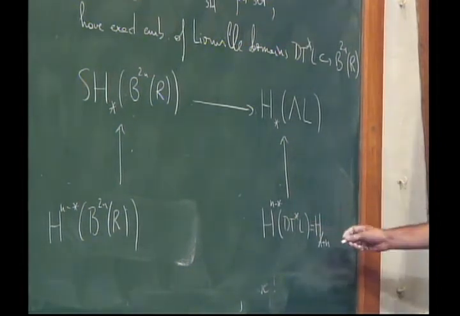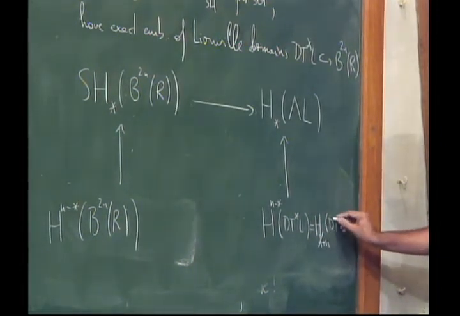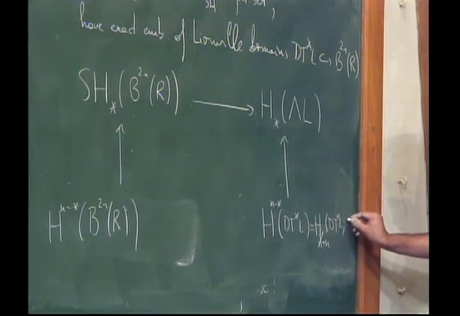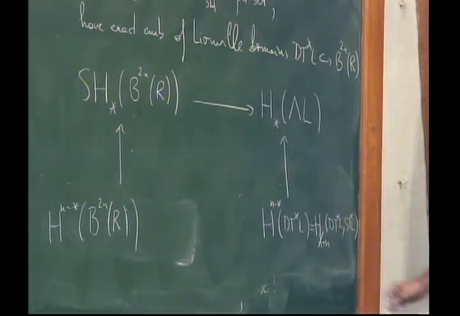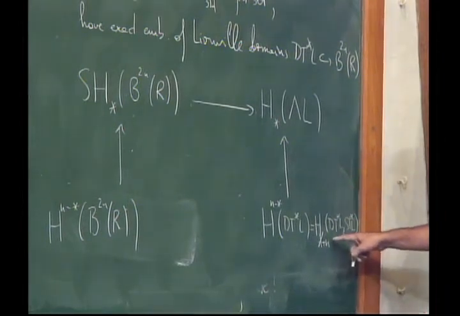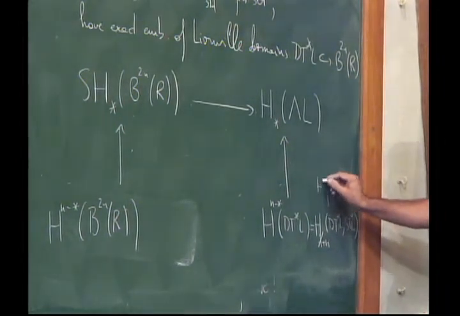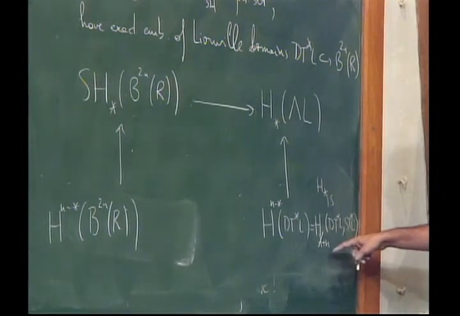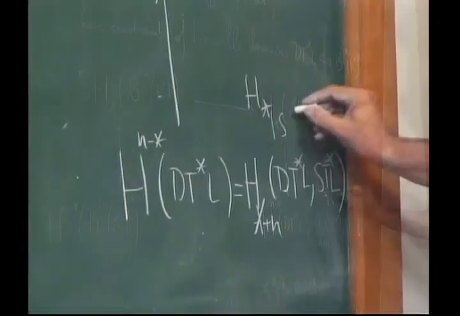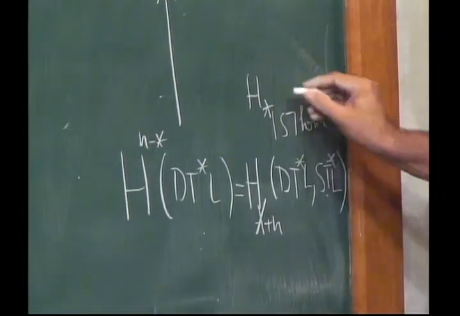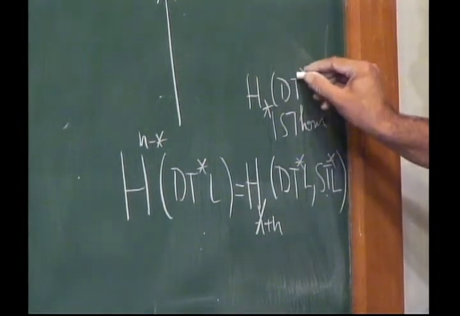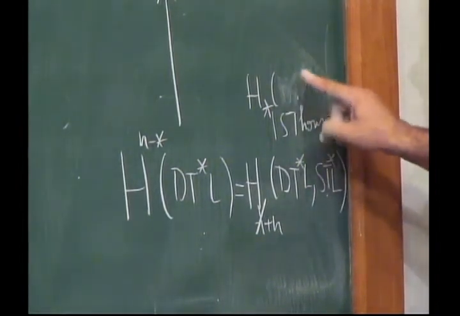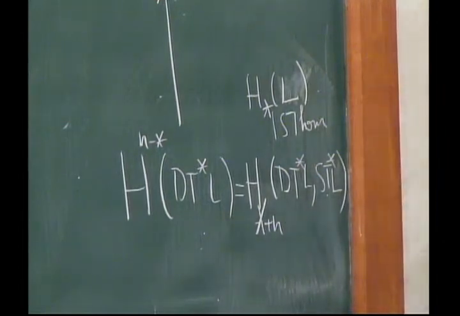So here I'm using Poincaré duality in order to write relative homology with respect to the boundary of D*L. And this I can identify with the homology of L, the base, shifted by n by the Thom isomorphism, right?